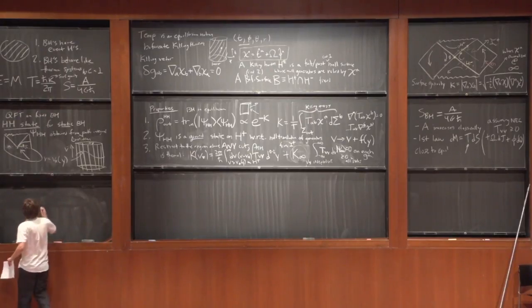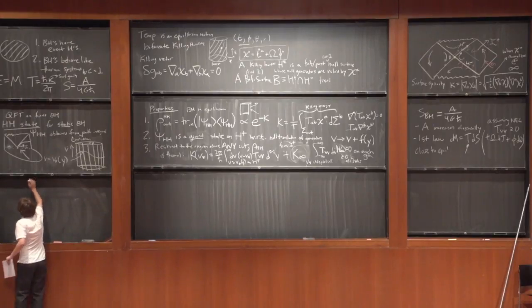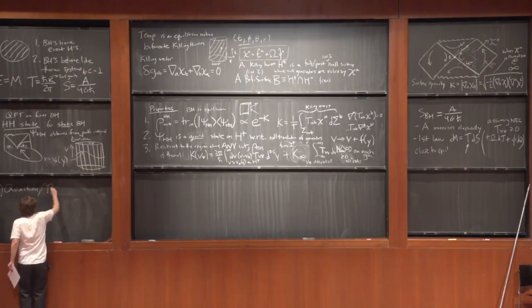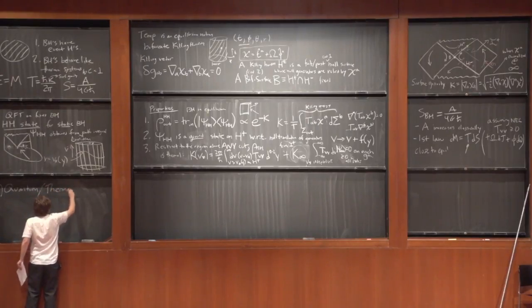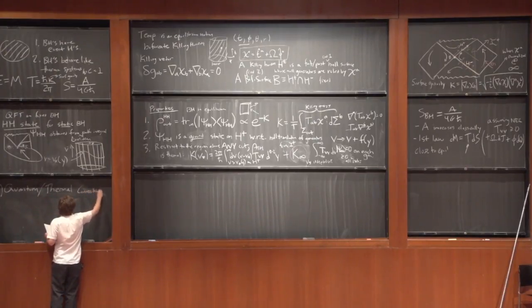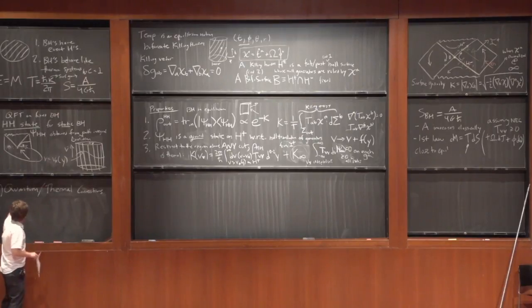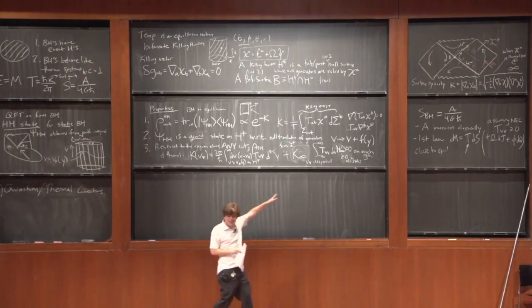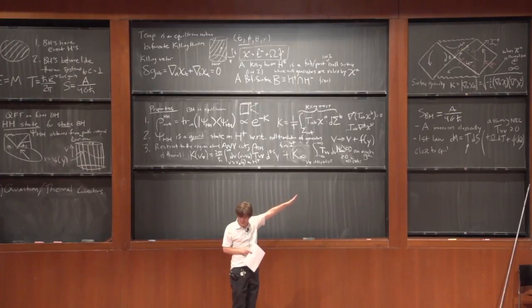First of all, we have quantum/thermal corrections. It's quantum/thermal because, as you know, the Hawking effect comes when you have quantum mechanics and it's thermal, so these are all sort of the same thing.